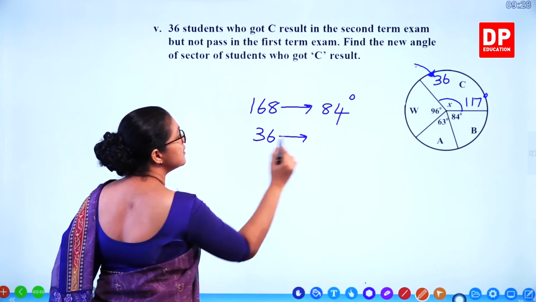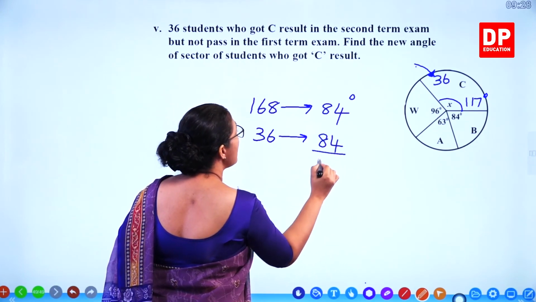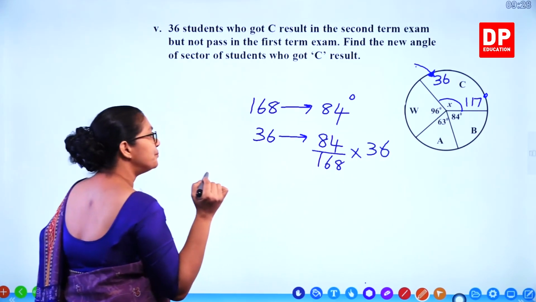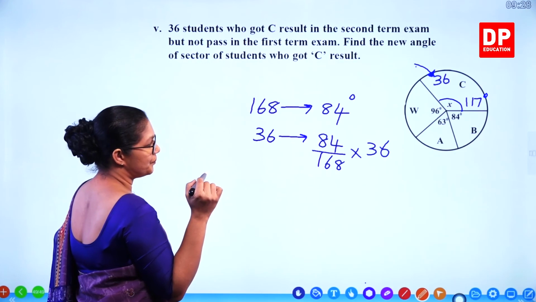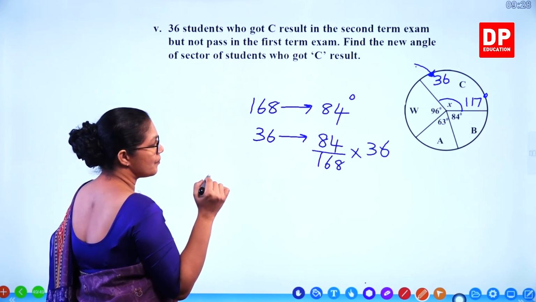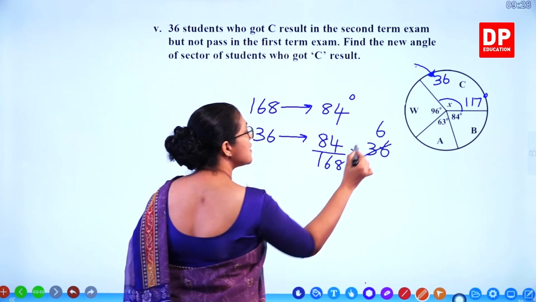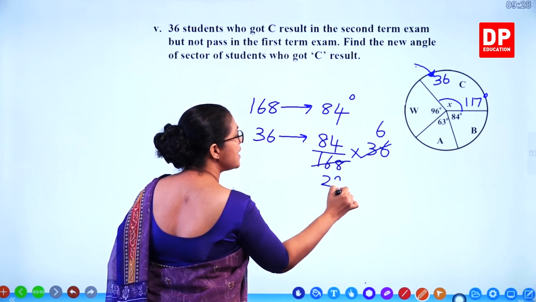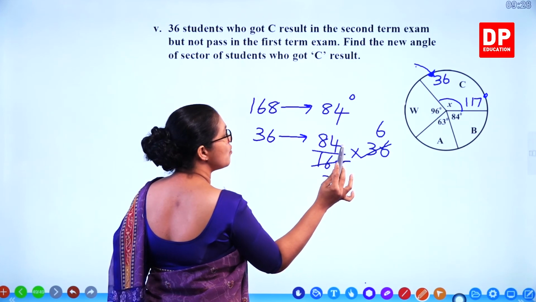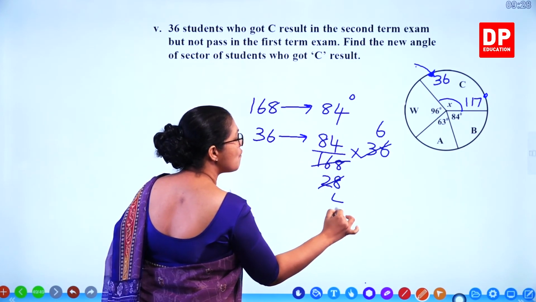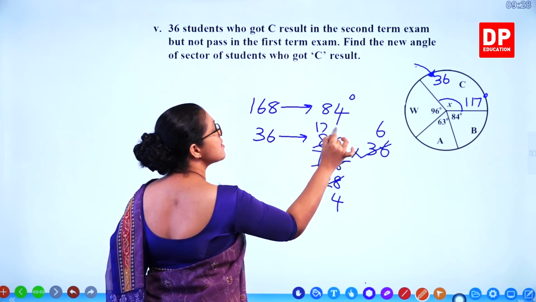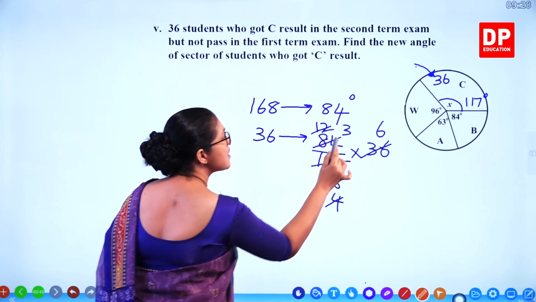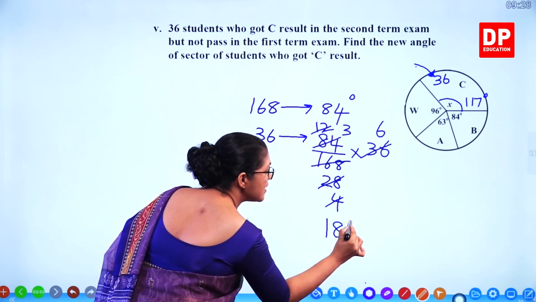What's the angle? 84 divided by 168 into 36. 6 times 6, 6 times 2, 12, 48, 6 times 8. Then you can divide by 7, 4, 7 times 1, 7. So that's 12, 4 times 3. So 6 times 3, 18 degrees.